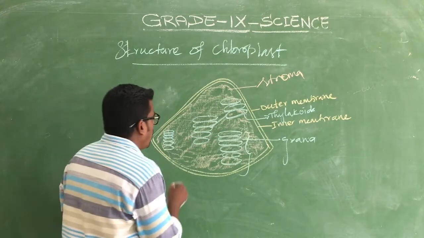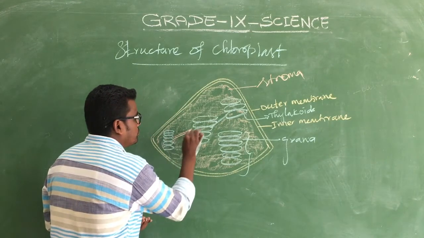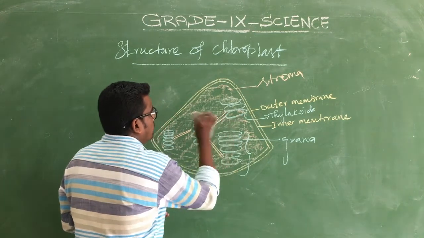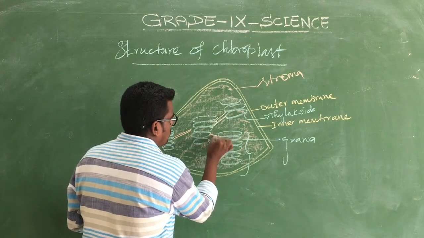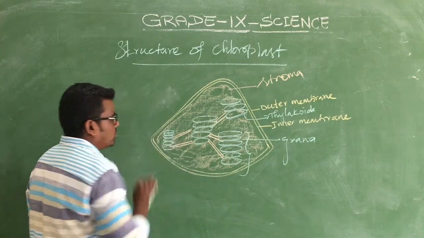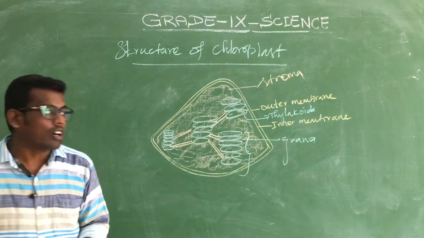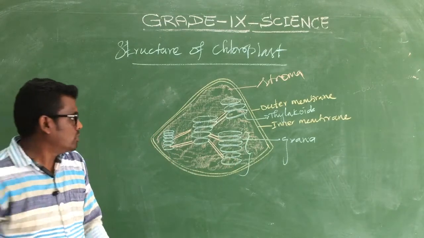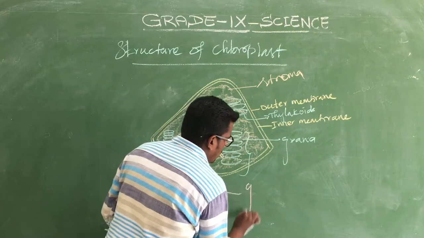These thylakoids are connected to each other by tube-like membrane structures.